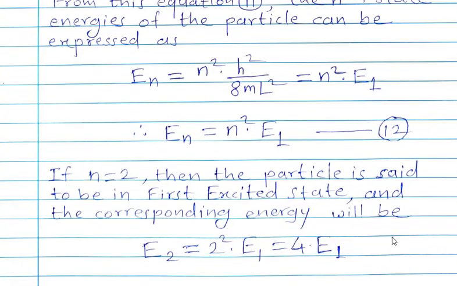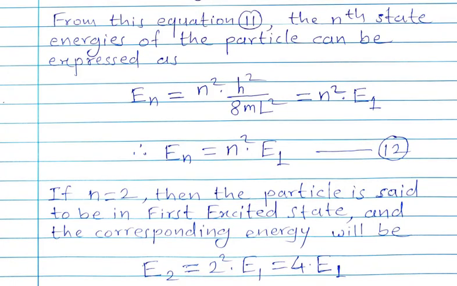Now if we consider the value of n as 2, then the particle is said to be in its first excited state, and the corresponding energy of that first excited state will be given by E2 equal to 2 square times E1, which is 4E1.